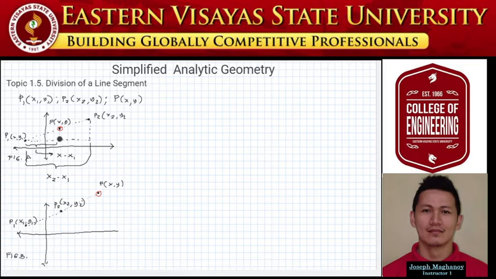So we can call this R and S. For our external division, this is a similar triangle, so we can call this vertex S and R.